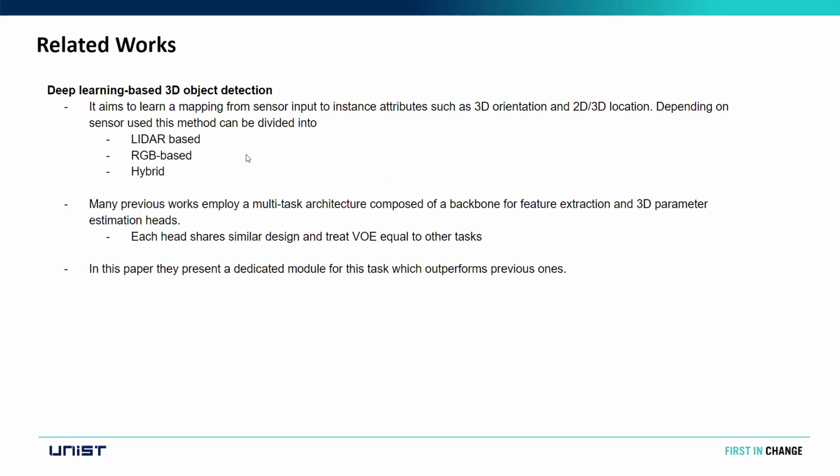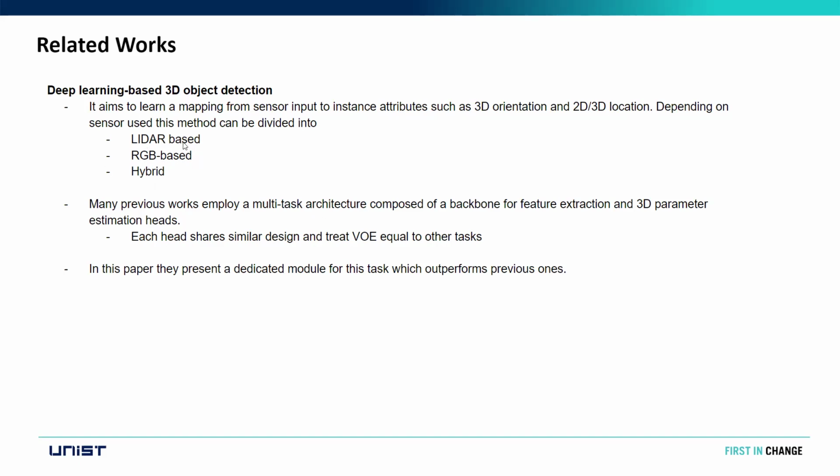So, some related works. For deep learning-based 3D object detection, the aim of these methods is to learn a mapping from sensor input to instance attributes such as 3D orientation or 3D locations. These methods can be divided into three: LiDAR-based, RGB-based, or hybrid.